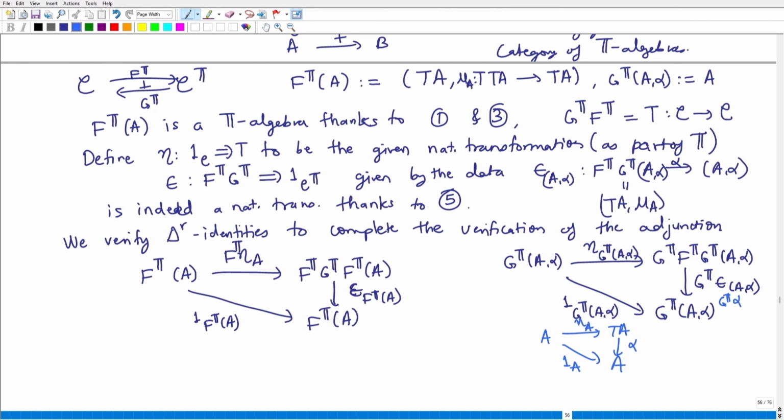So which diagram is this? This is 4, okay. So this is just 4, and what is this? (TA, μ_A). Yeah, then this is (TA, μ_A). And this is (TTA, μ_{TA}), I suppose.